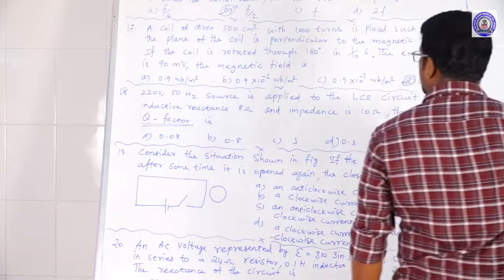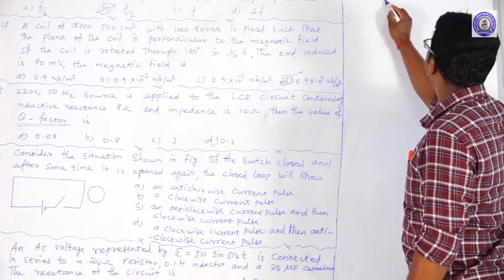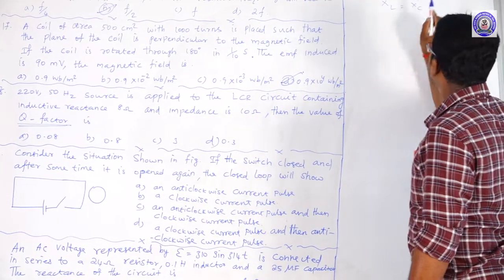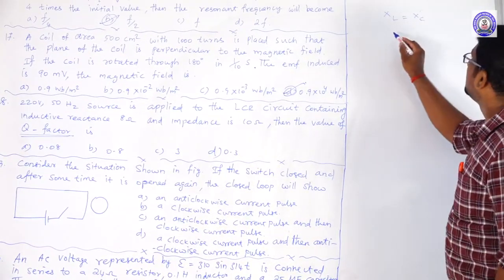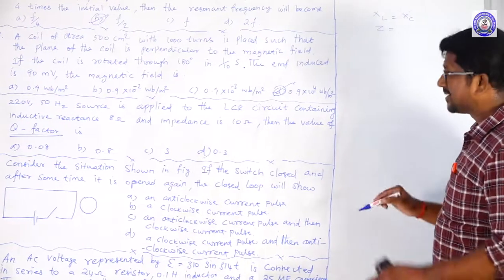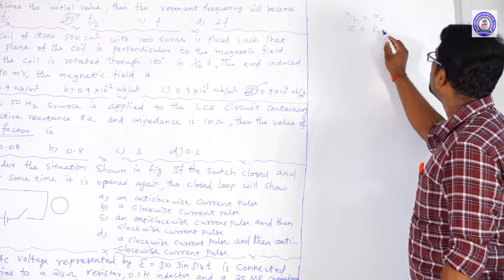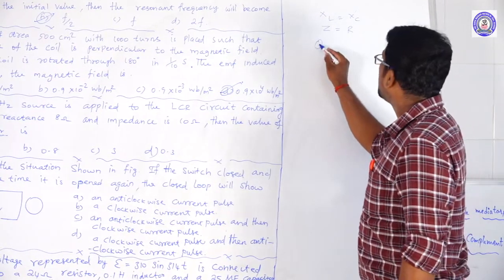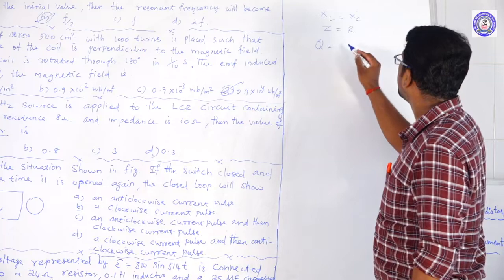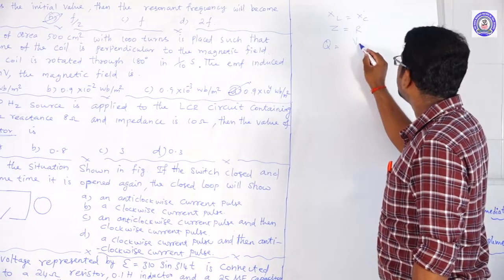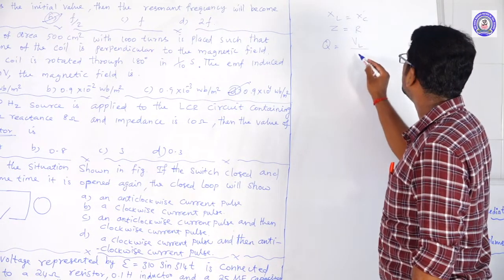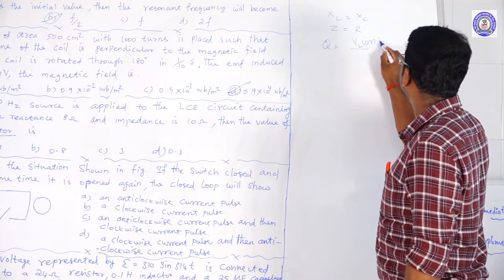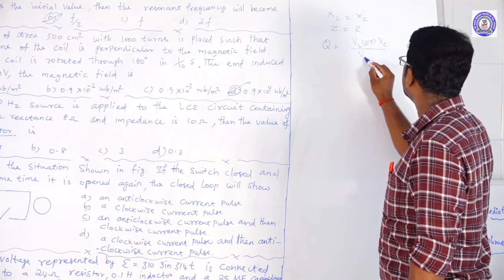At the resonance condition, inductive reactance is equal to capacitive reactance, and the impedance of the circuit becomes minimum, which is equal to ohmic resistance. We know that the quality factor Q is equal to the ratio of voltage across the inductor or capacitor to the applied voltage.